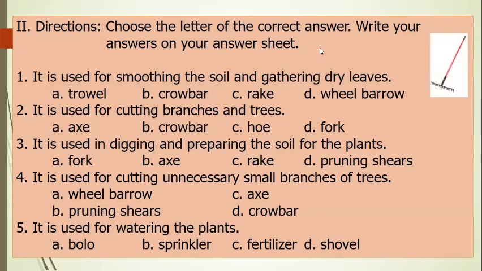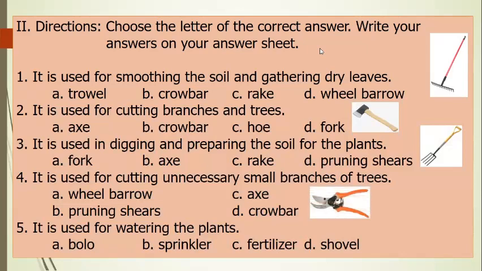Okay, proceed to number 1. This is a rake. You check now your answers. Number 2, it's the ox. Number 3, it's the fork. So digging, preparing soil for the plants. For number 4, it is used for cutting unnecessary small branches of trees.